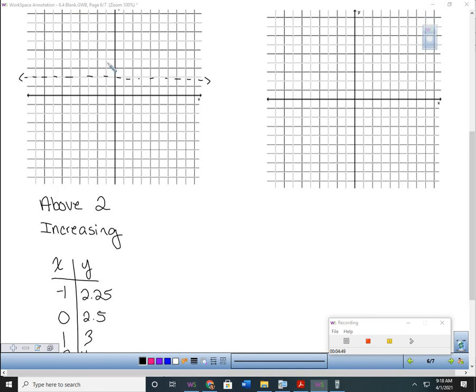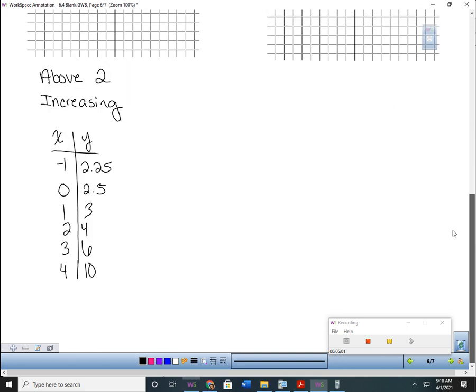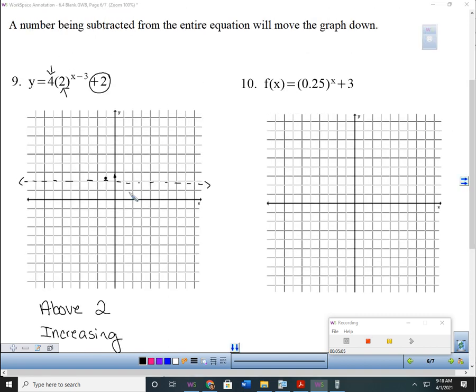So we have -1, 2.25; 0, 2.5; 1, 3; 2, 4; 3, 6; and then 4, 10. You'll start with that one where you're right there at the 2. Connect all of your dots. Put arrows on the ends.